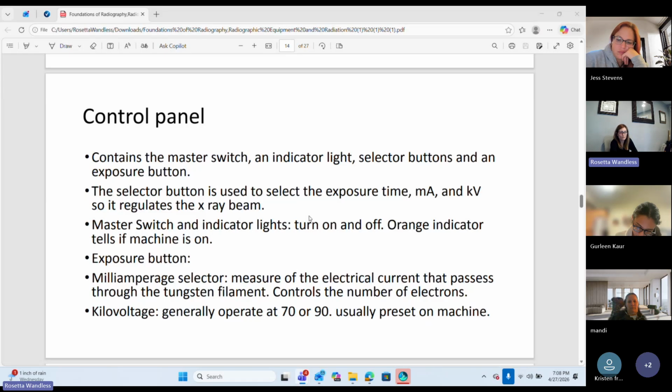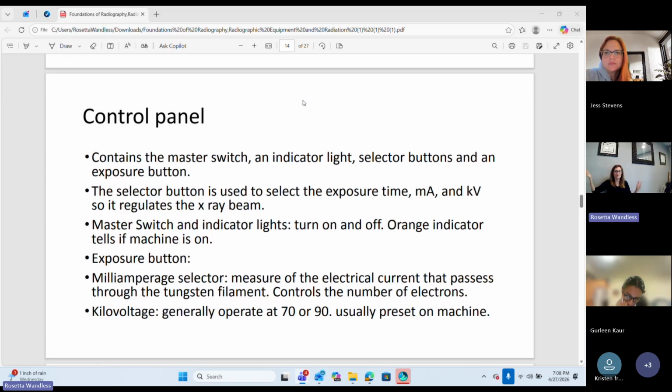Now, the control panel, pretty easy too. What's on a control panel? So the control panel has the master switch, to turn it on and off. It has to have an indicator light because you need to know, oh, is it on? Because if it did not have a light indicating that it's on and somebody by accident hits an exposure button, what's going on, right? You're going to be exposing people left and right all over the place.